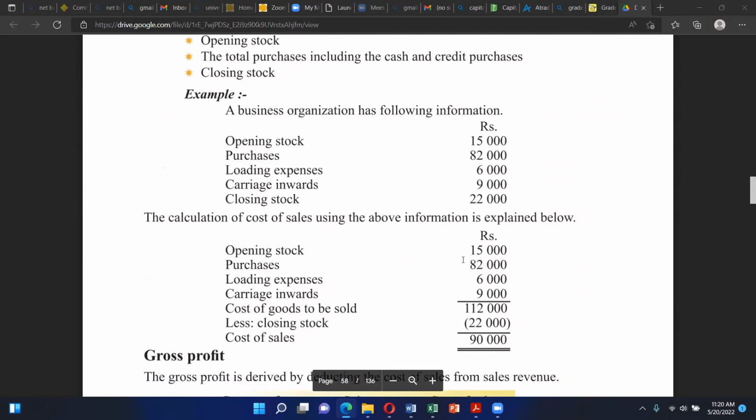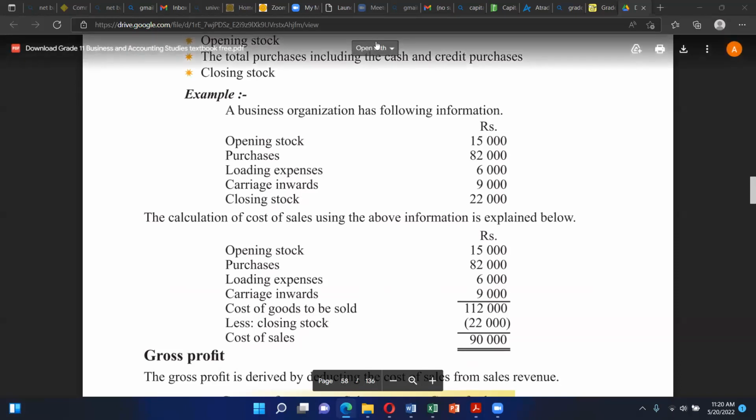Just have a look at how they figure out the cost of sales. All okay with the calculation part? Examples, please have a look. If you have a doubt, please ask.